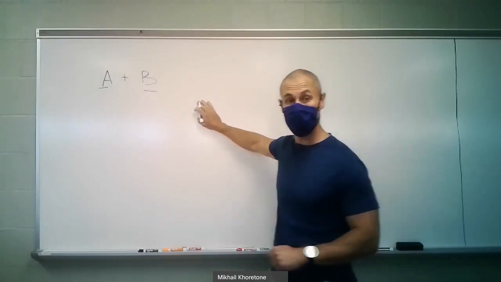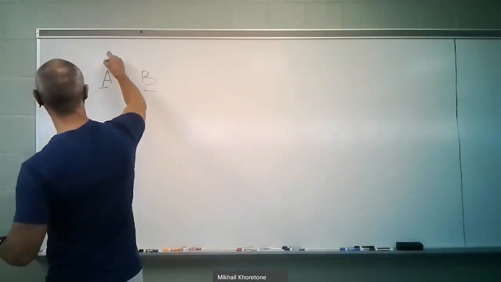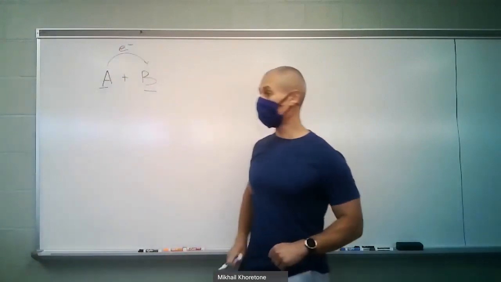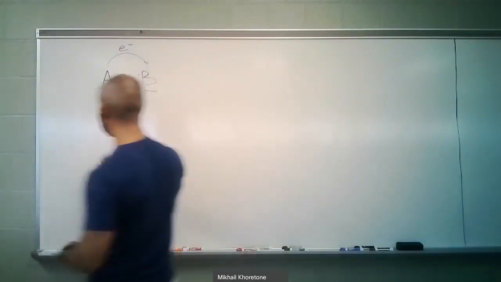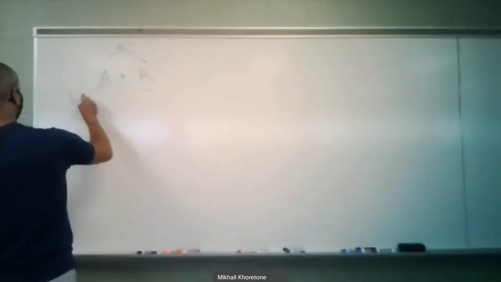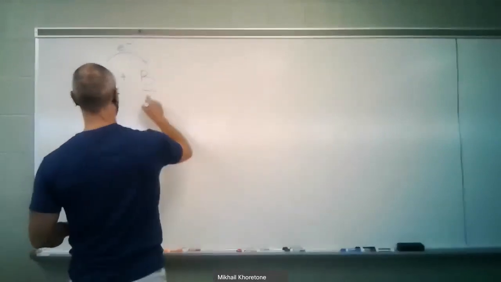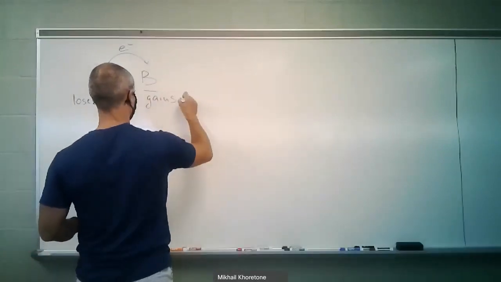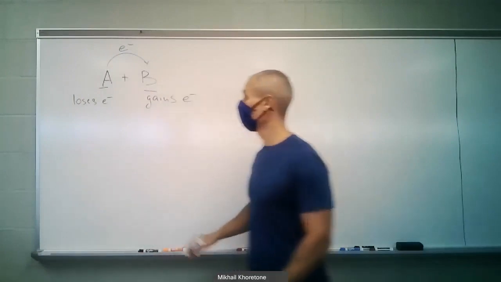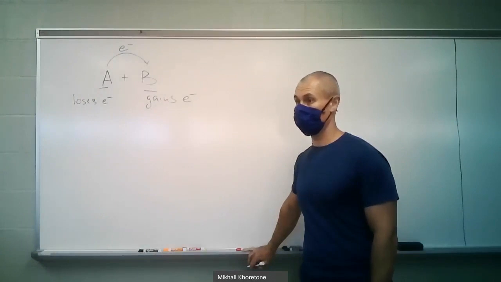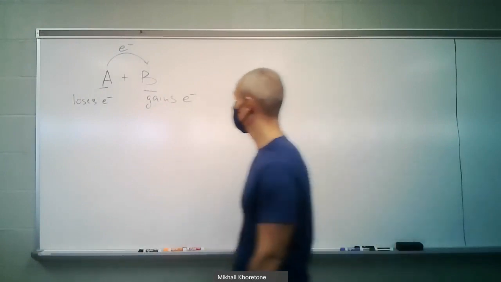So reagent A loses its electron to reagent B. So we can write down that A loses electron and B gains electron. Good so far? Okay.